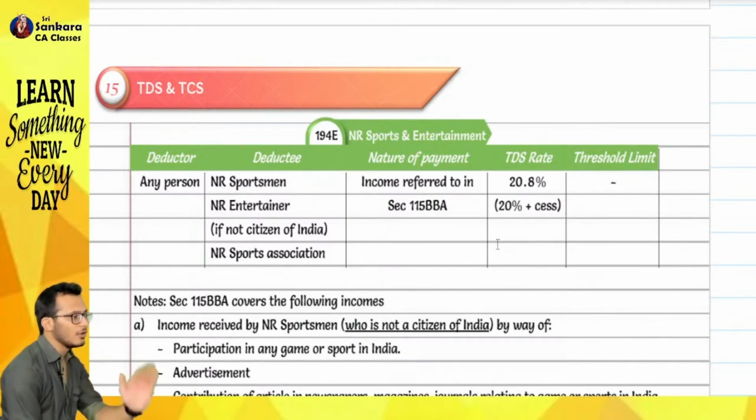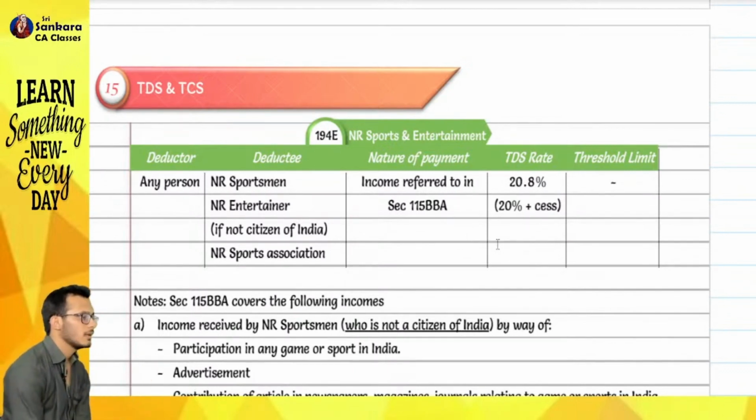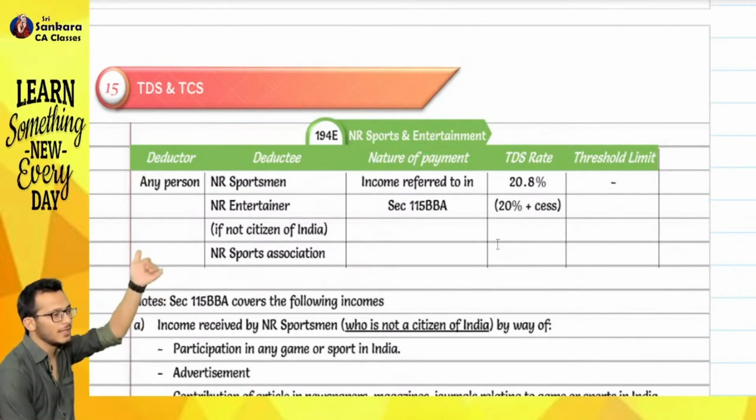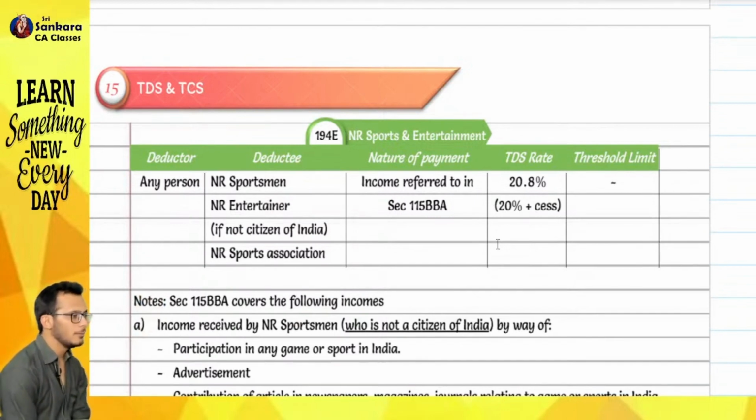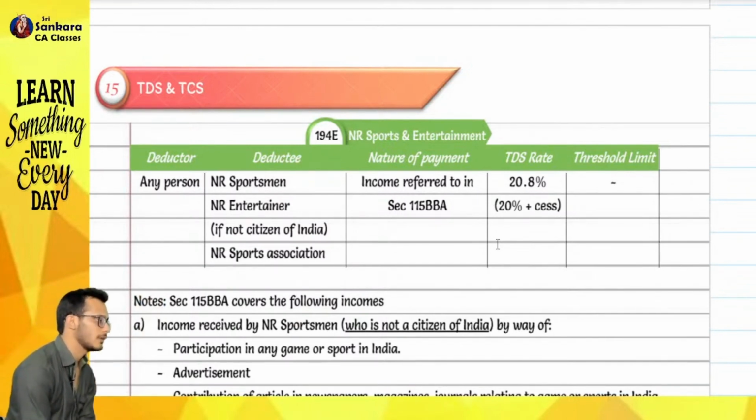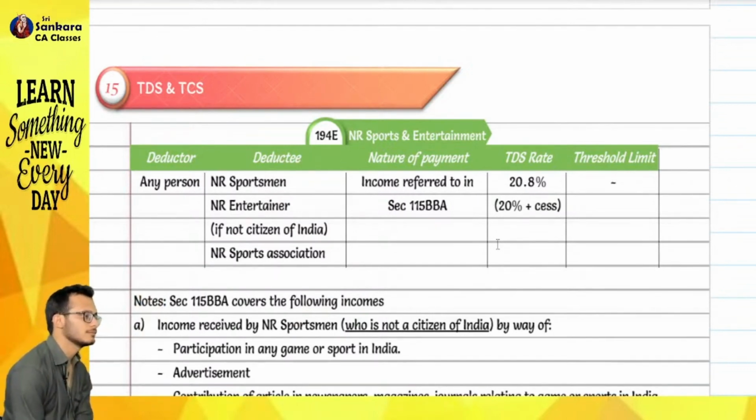Clear, not clear? Yes, this is 194I. 194I has a subsidiary called 194IB. Provisions say if you are not liable under 194I, you will be liable under 194IB. Who will not be liable under 194I? Who cannot be liable under 194I?